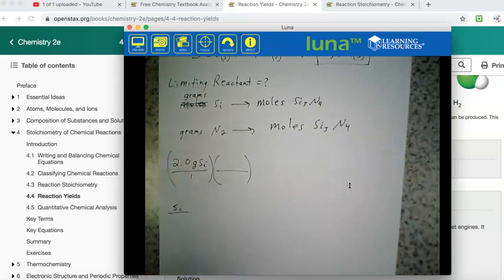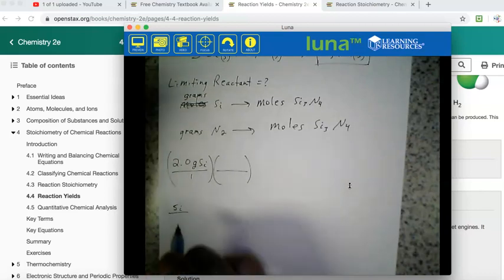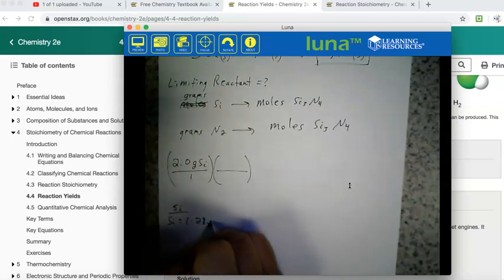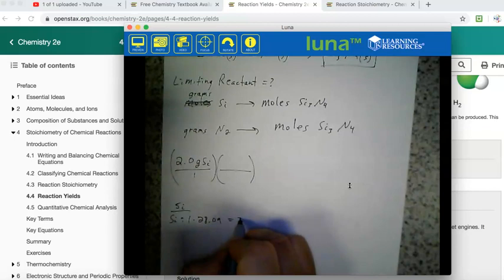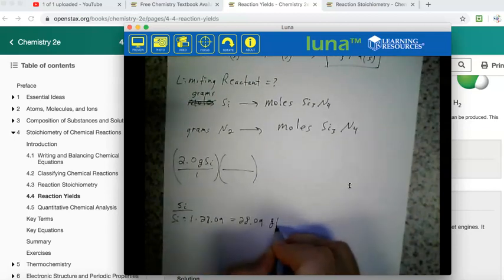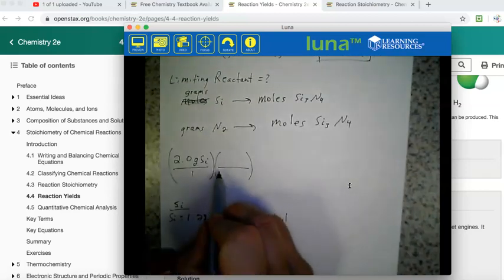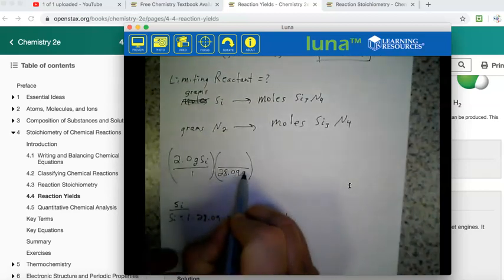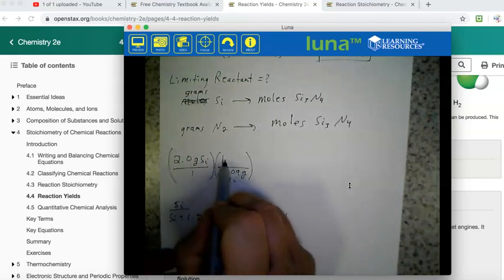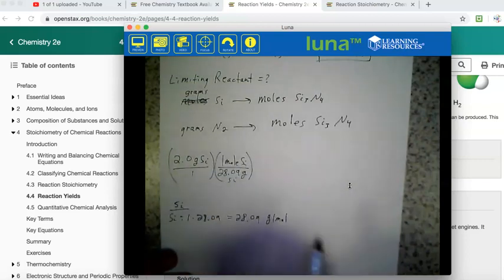So I looked up the average molar mass for silicon, 1 times 28.09, which is 28.09 grams per mole. So 28.09 grams of silicon is equal to 1 mole of silicon.